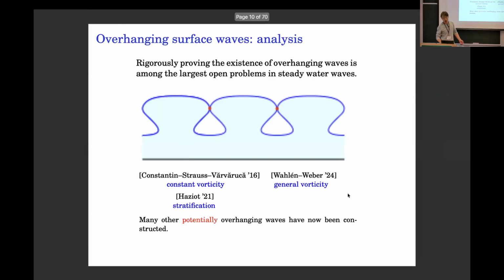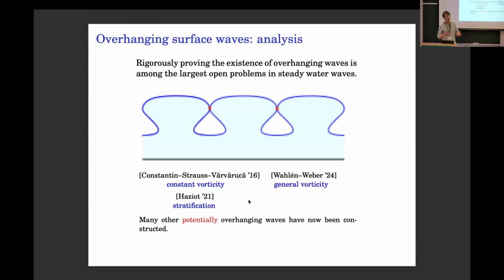And some follow-up results: this is one by Wellen and Weber two years ago, where they generalized this constant vorticity to a more general vorticity. And in Susanna Haziak's thesis, she considered variable density.